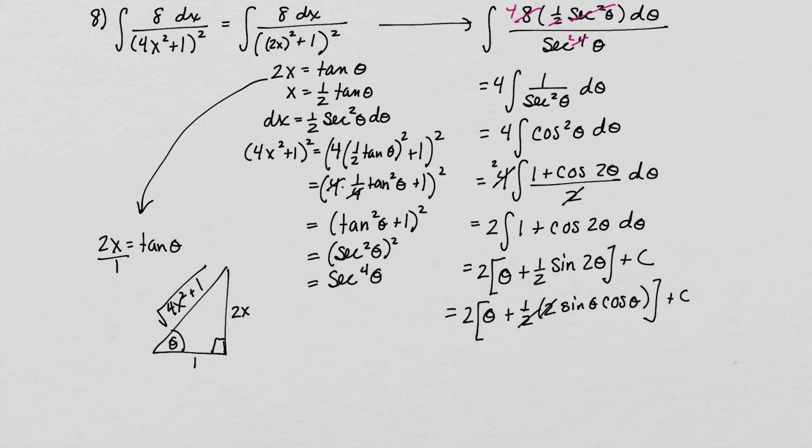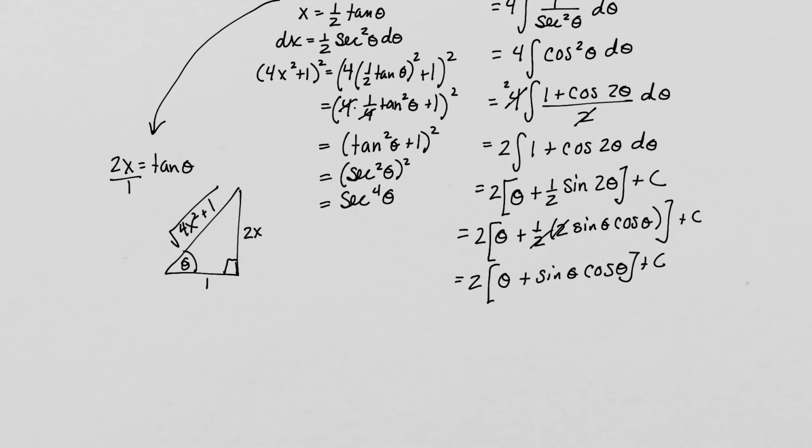So my 2's would cancel here, which I think I forgot to do in the solutions. I think I'm off by a factor of 2. Or no, I guess I did it, but yeah, it's fine. So this is going to become 2 times theta plus sine theta cosine theta plus c.